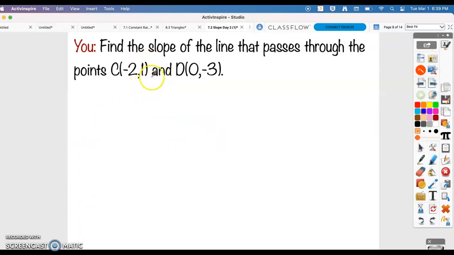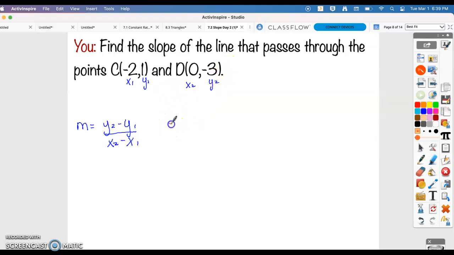Okay, next one. So we have negative 2, 1. So that's my x1, y1, x2, y2. Write our formula. M is equal to y2 minus y1 over x2 minus x1.